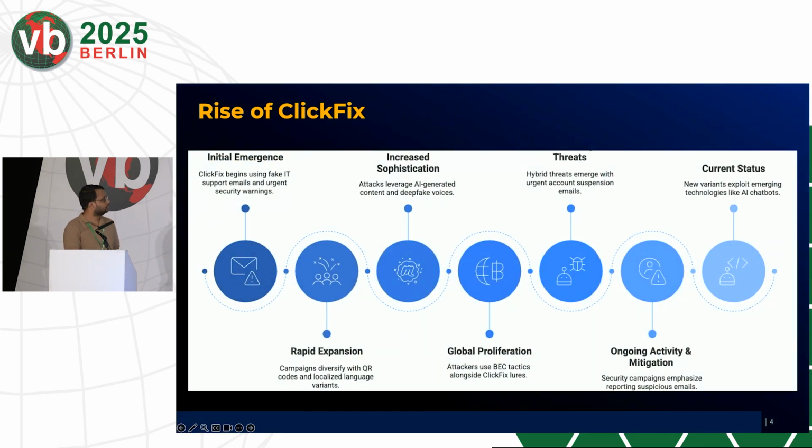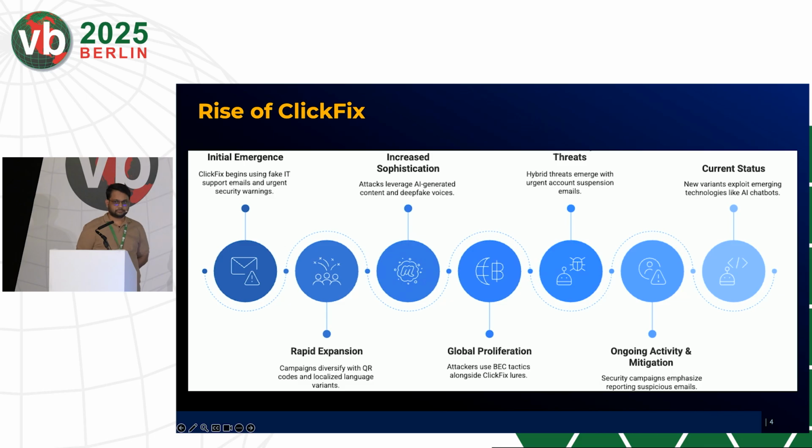Yeah, so this is the flow chart, or you can say the rise of ClickFix. ClickFix is the most prominent social engineering tactic in 2025, exploiting urgency, software updates, or verification.